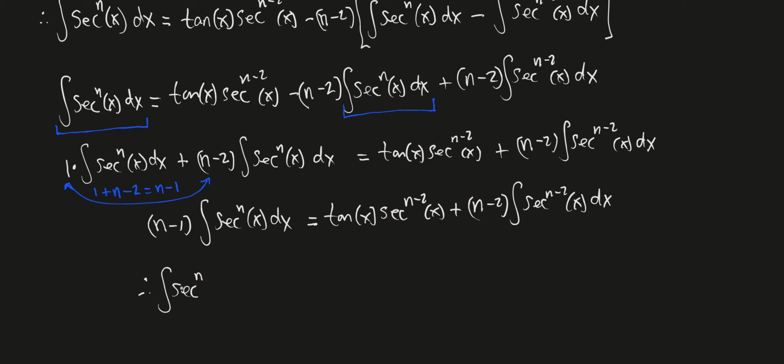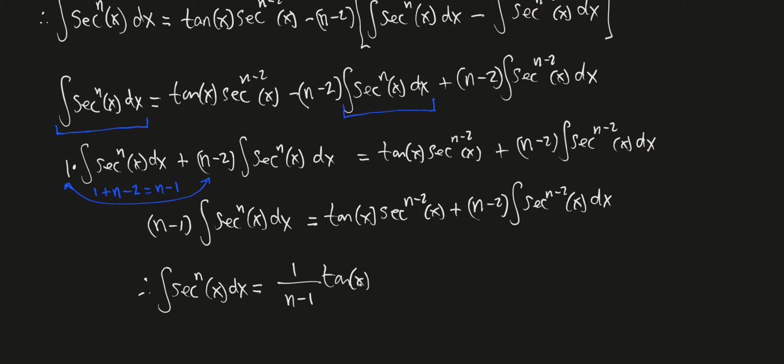So if I have the integral of secant to the nth power, then that's equal to, and let me write it this way, 1 over n minus 1 times this first term on the right hand side.